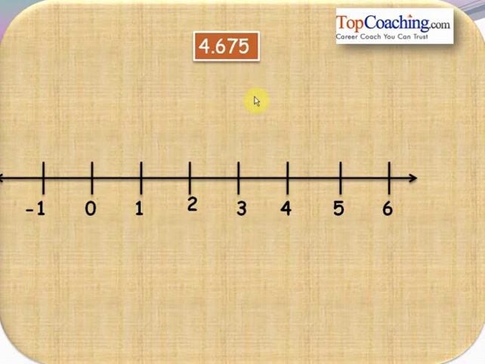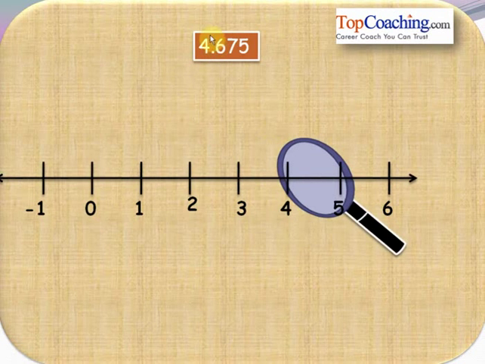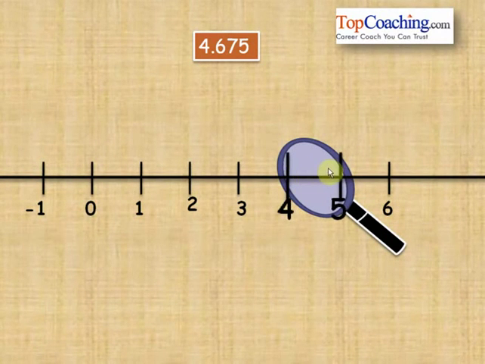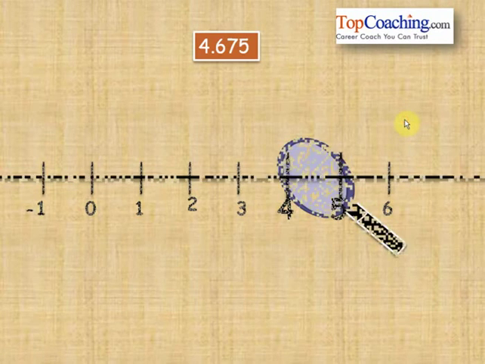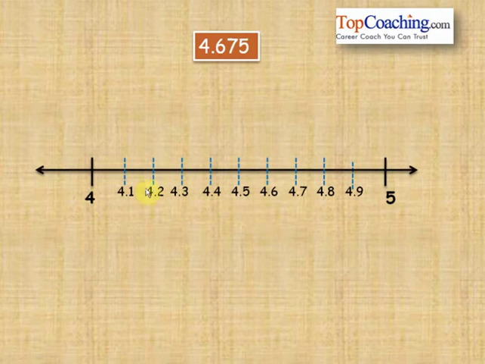Now in the first step, we have to find 4.675. Of course, this number lies between 4 and 5, so it will lie somewhere between 4 and 5. Now, what we do next is we divide this entire portion between 4 and 5 into 10 equal parts.